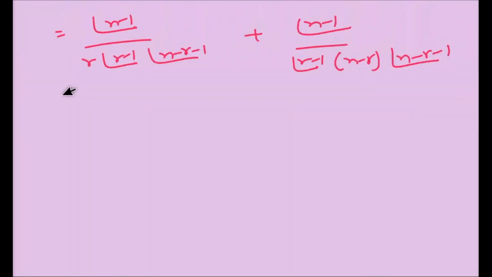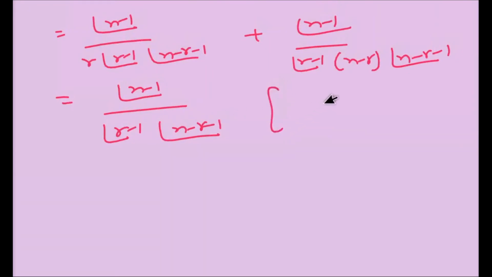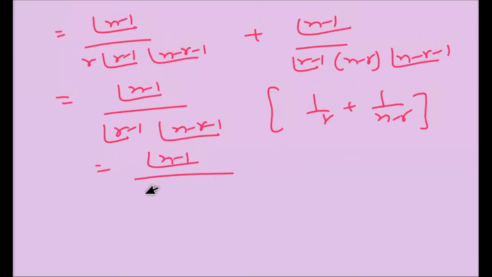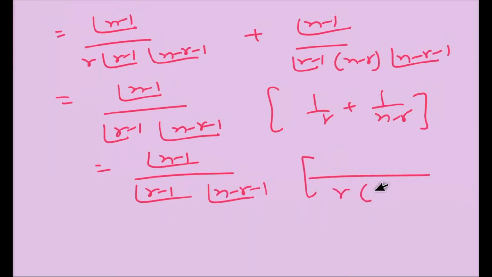Okay, now take the common factorial n minus 1 upon factorial R minus 1 factorial n minus R minus 1. We can write here 1 upon R plus 1 upon n minus R. Now take the LCM, R into n minus R. We can write n minus R plus R. This R is cancelled.